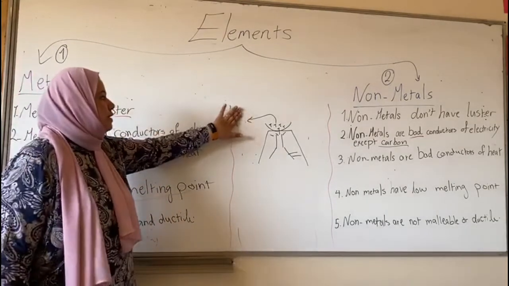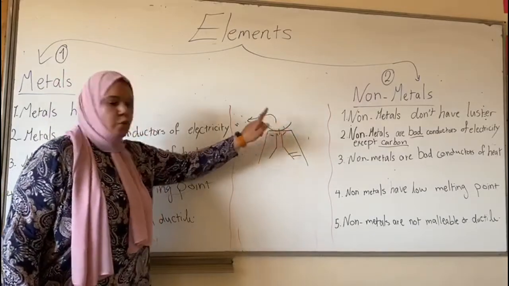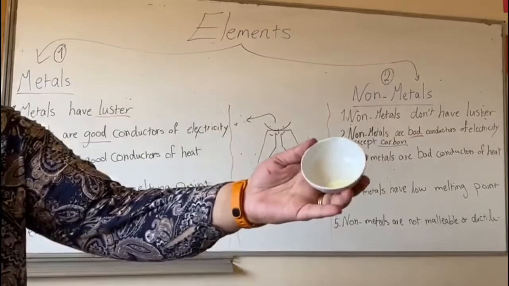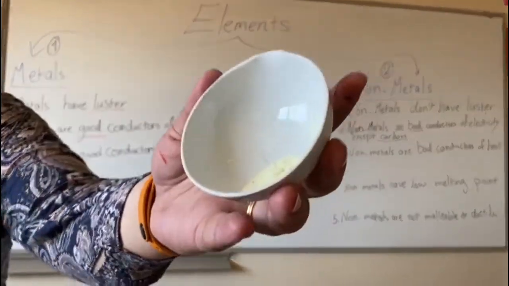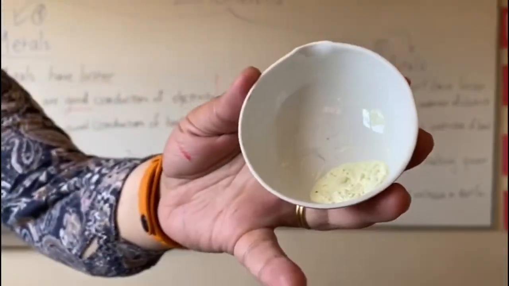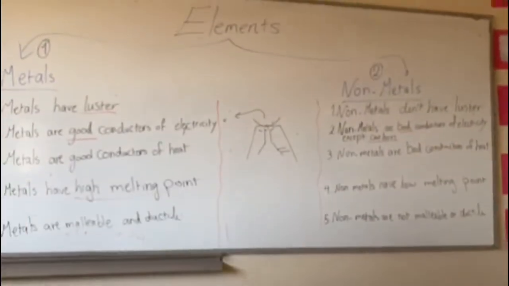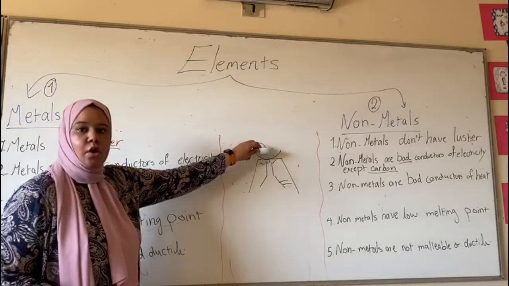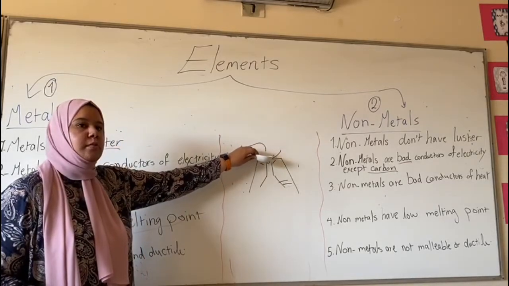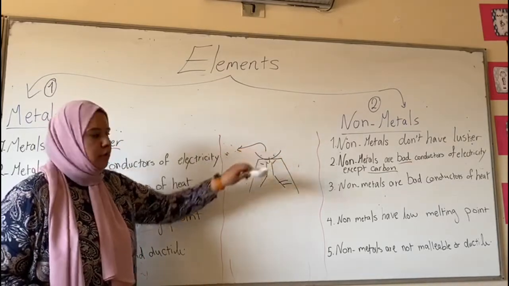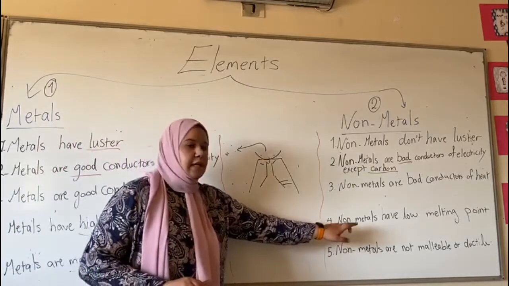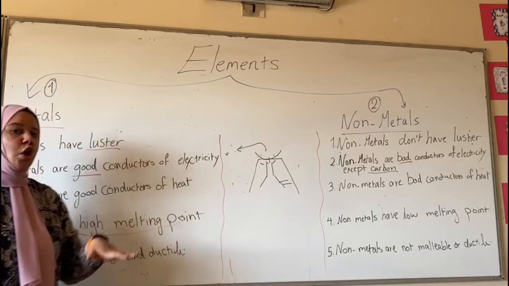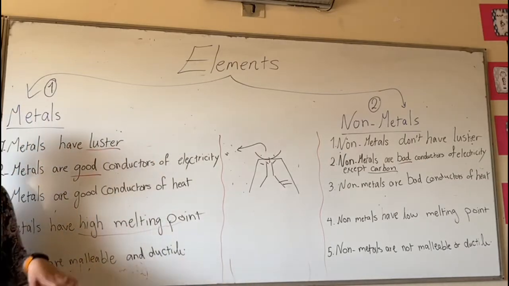If I replace the iron nails with sulfur and put the sulfur on the flame, it will melt after a while because non-metals have a low melting point. They need low temperature to melt.